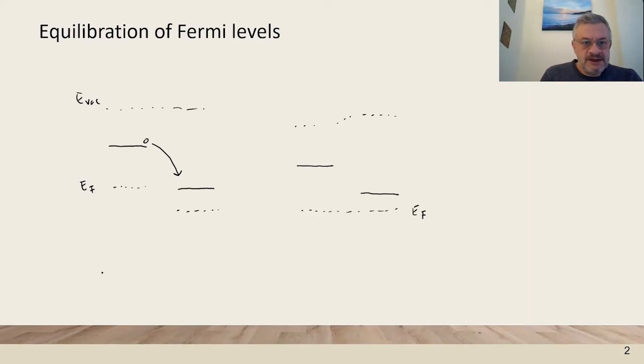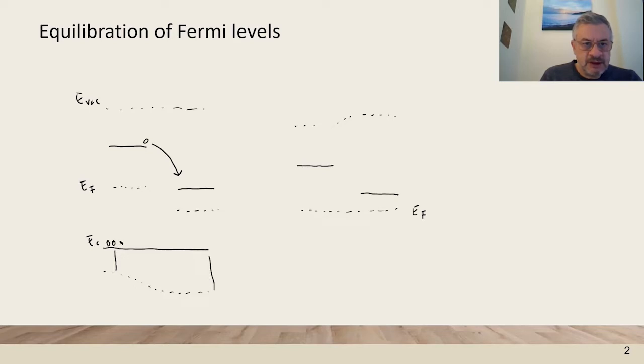If we are in a single material, then a gradient of the Fermi level indicates a flow of electrons. So here, for example, there will be more electrons here and less electrons here.